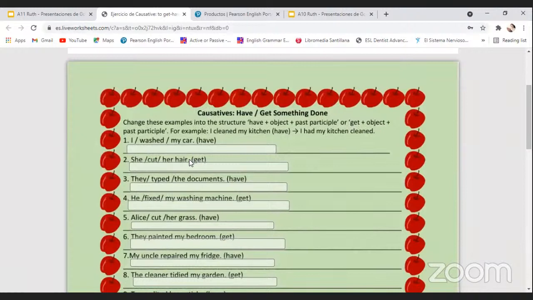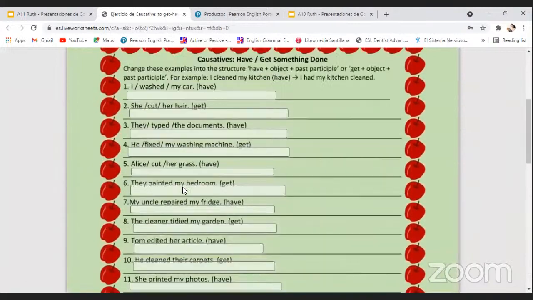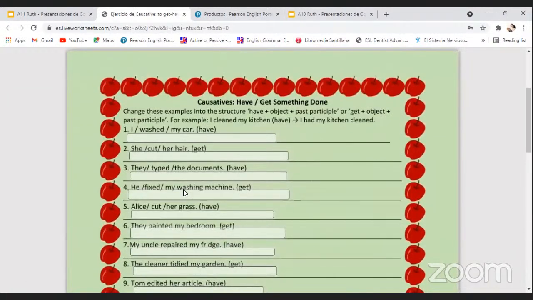Then, because it is here in the present, I don't have... Yeah, for me, if we were reading it as a regular statement, I would say yes. But because we know that we have to change it to the past participle, I am going to understand that all of these sentences are in the simple past tense. All of them. Why? Because the main objective of this practice is to apply causatives, changing into the past participle.